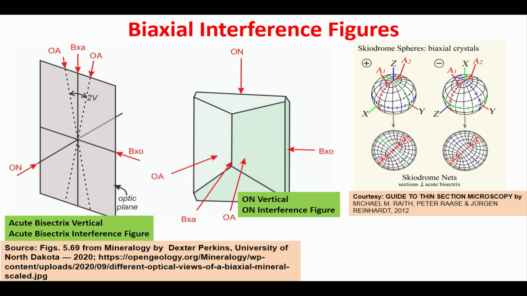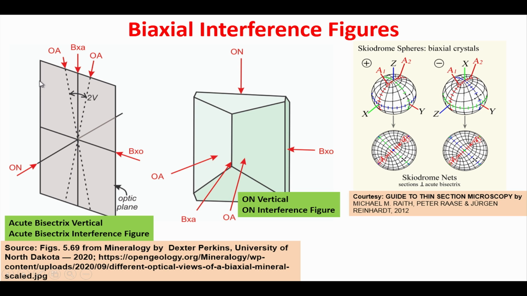You see here these two optic axes, and they are bisected by a direction which we call the acute bisectrix, and the angle between these two optic axes is the optic axial angle, that is 2V.